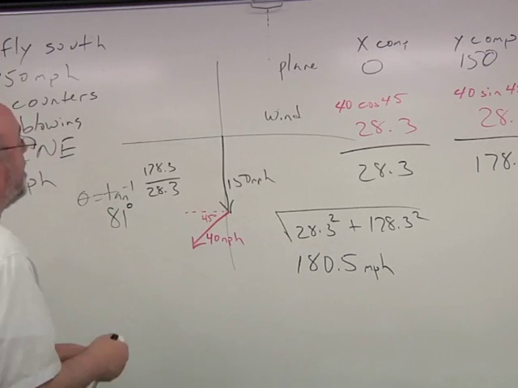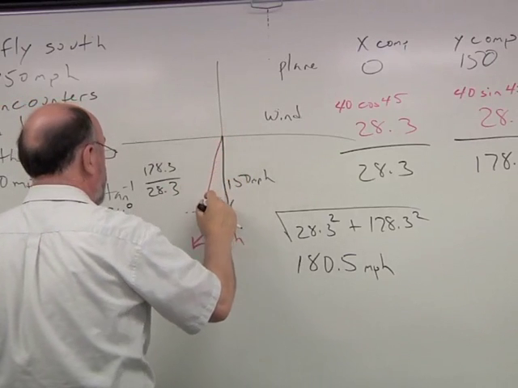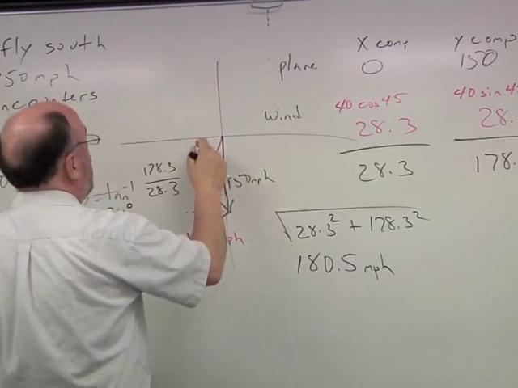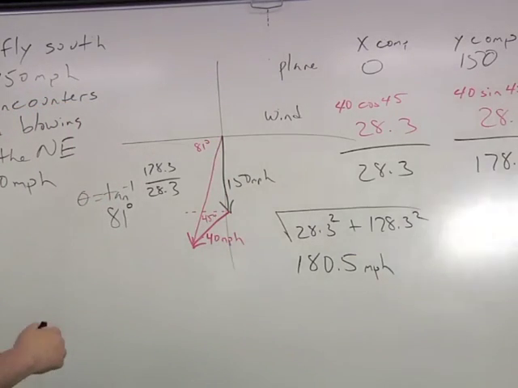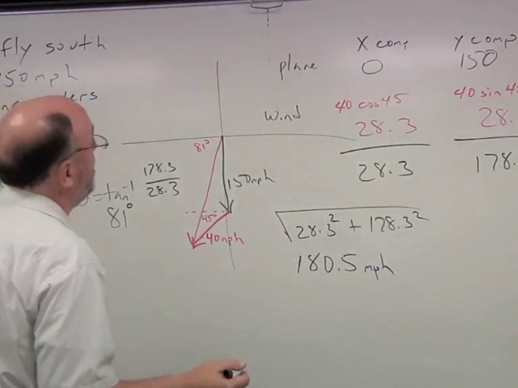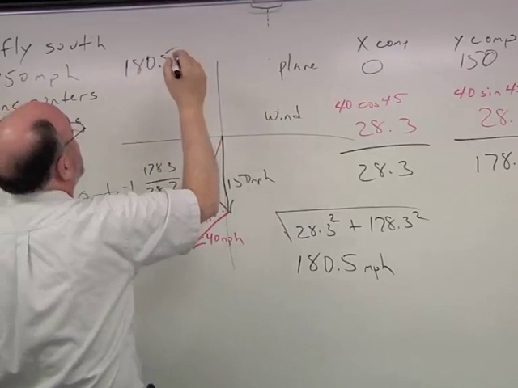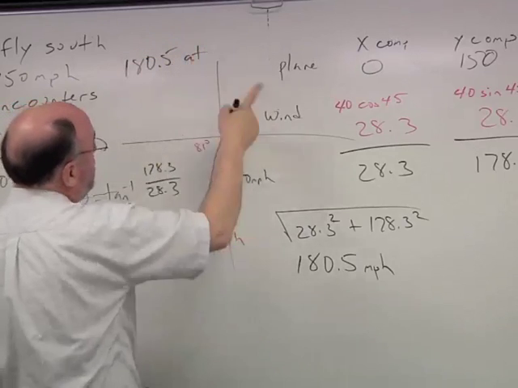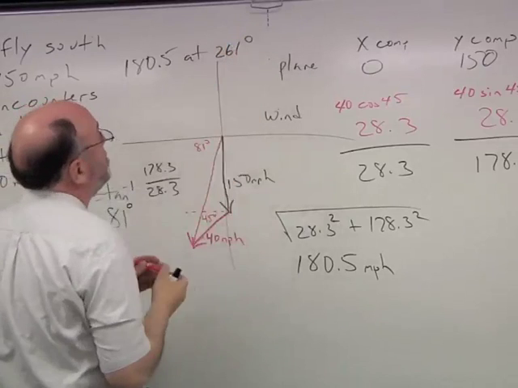So my resultant vector is going to be like this. This angle is 81. In terms of my vector, it has a magnitude of 180.5, and in terms of my angle, it would be 261 degrees.